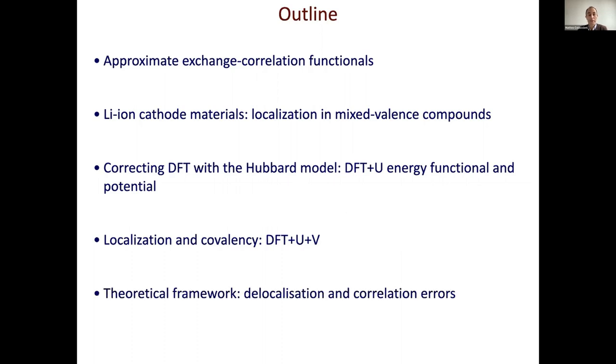And finally, I will discuss some theoretical framework of all these, which will help us to understand where these Hubbard corrections stand in the general framework that was also well illustrated yesterday by both Professor Marzari and Kronik.